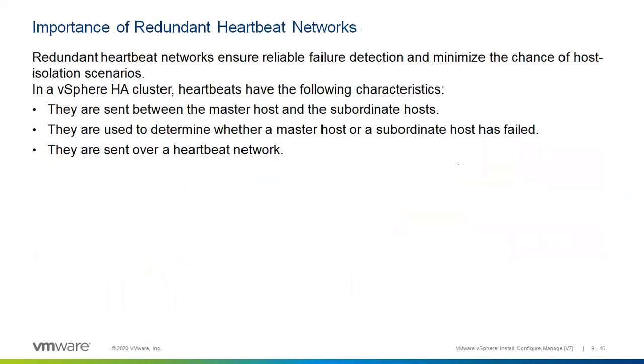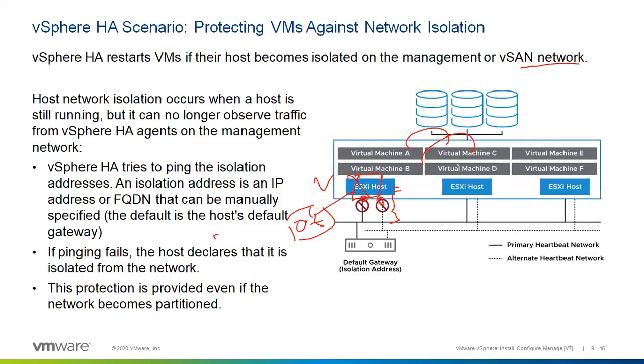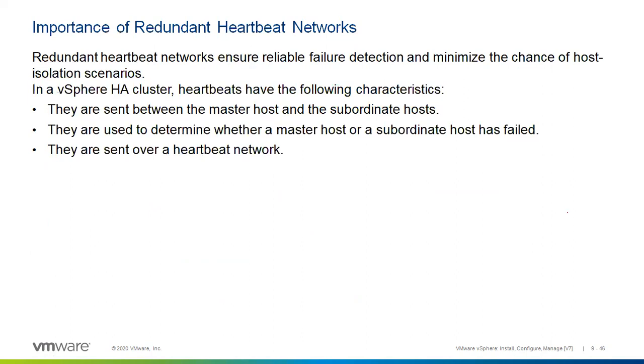That's why we always keep a redundant heartbeat network to avoid network failure. Heartbeat is nothing but a hello packet from the primary host to your secondary host.